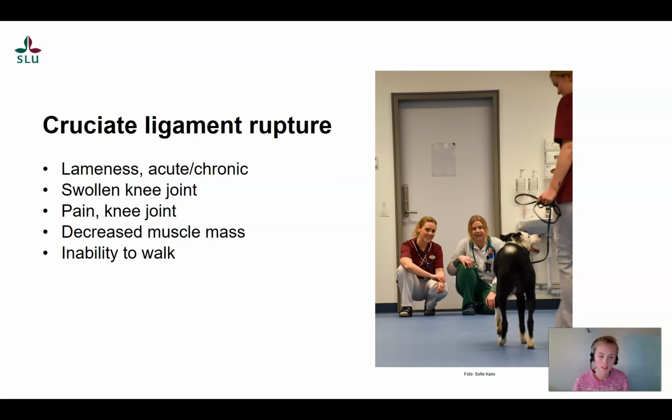And the affected hind limb can have a decreased muscle mass if the disease has been going on for a while, if it's chronic. And sometimes both legs are affected, sometimes at the same time, or the first leg is affected and then a few weeks or months or years after, the second leg becomes affected. But if both legs are affected at the same time, the dog can be unable to walk at all.